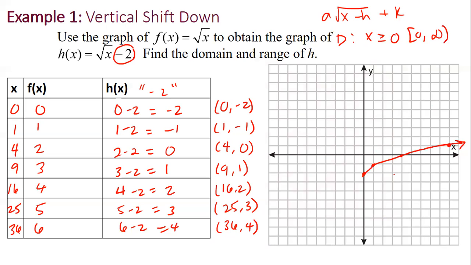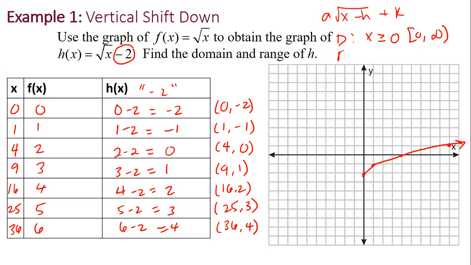So brackets is if there is a value there. So if there's a value for 0, then 0 has a value. 0 is at -2. So if there's a value, that's a bracket because it's closed, it's included. Parentheses means I have a hole, a gap, an asymptote, or it's infinite.